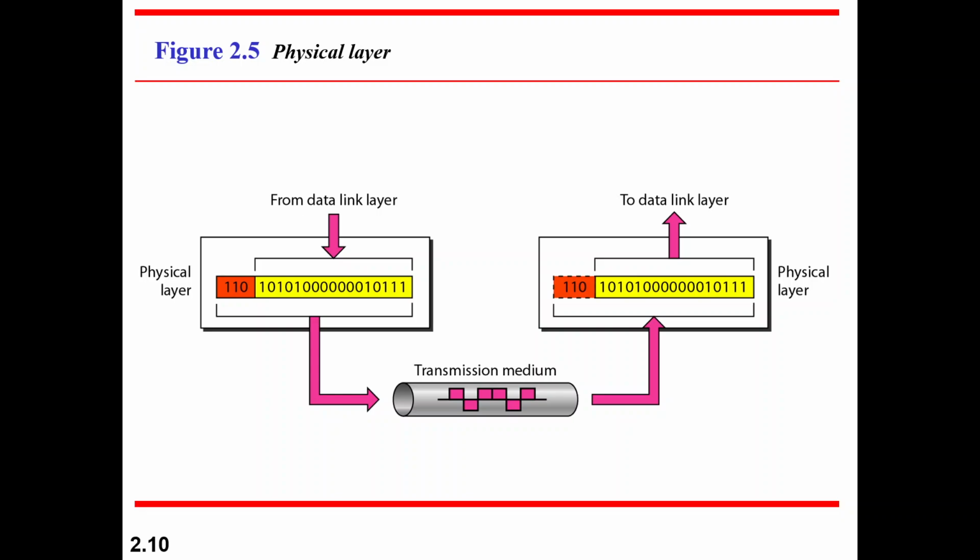It also defines the type of transmission medium. The second function of the physical layer is the representation of bits. The physical layer data consists of a stream of bits, a sequence of zeros or ones with no interpretation. To be transmitted, bits must be encoded into signals, electrical or optical. The physical layer defines the type of encoding, how zeros and ones are changed to signals.